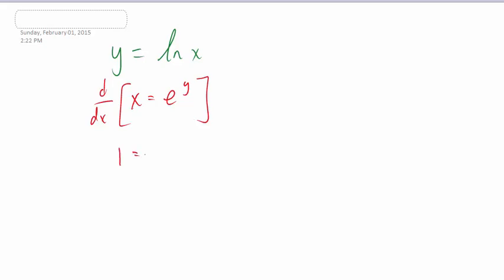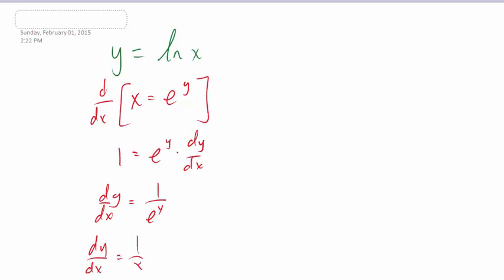So 1 equals, now derivative of e to the y is going to be e to the y, but times dy/dx, implicit differentiation. And then dy/dx is equal to 1 over e to the y. Well, what did we call e to the y? e to the y was just x. So the derivative of natural log is 1 over x. Cool, nifty.